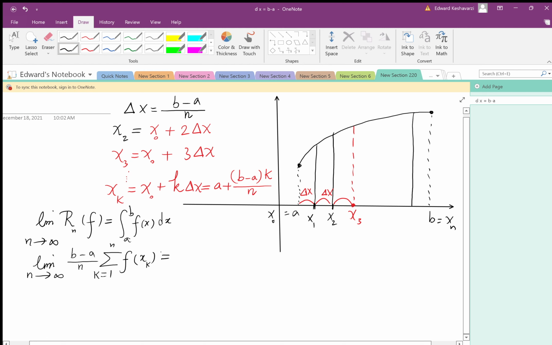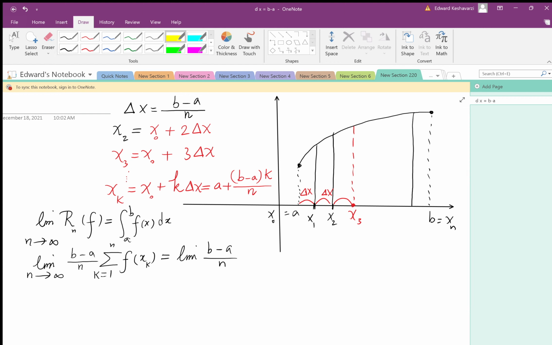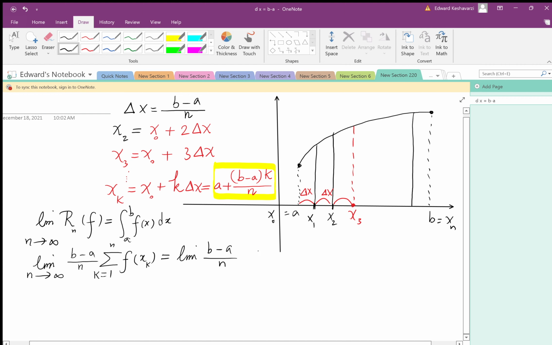Now, knowing that xk equals this one that I'm going to highlight here with yellow, the formula can be changed to limit of b minus a over n sigma f of a plus b minus a k over n, as n goes to infinity, equals integral from a to b f of x dx.